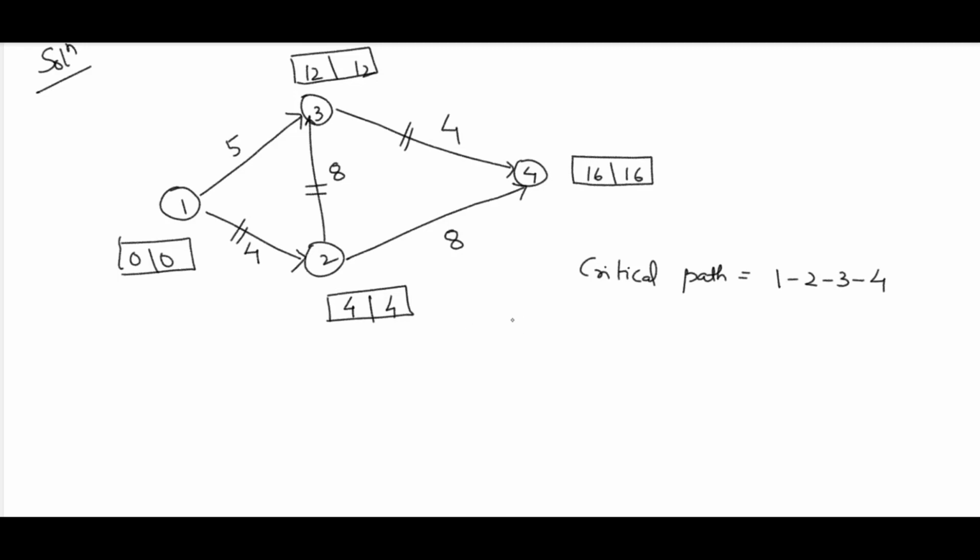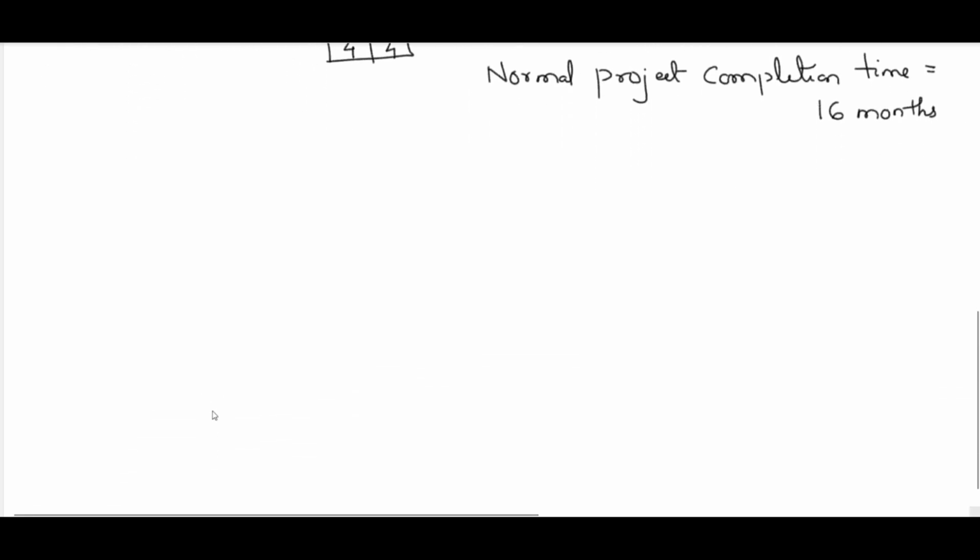Normal project completion time is 16 months. Now we will use the manpower data, so we will draw the curves.